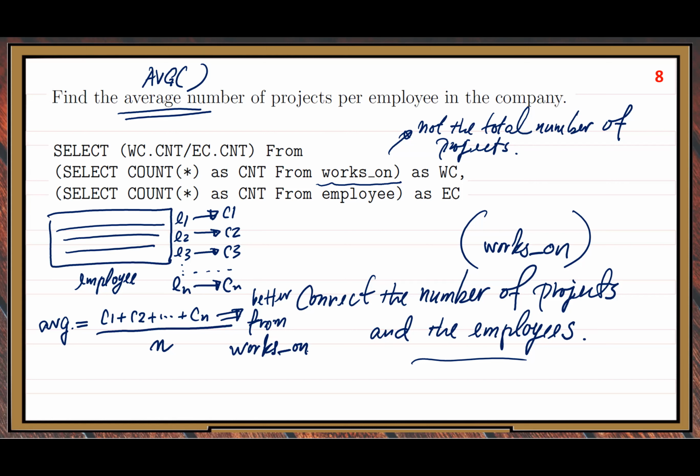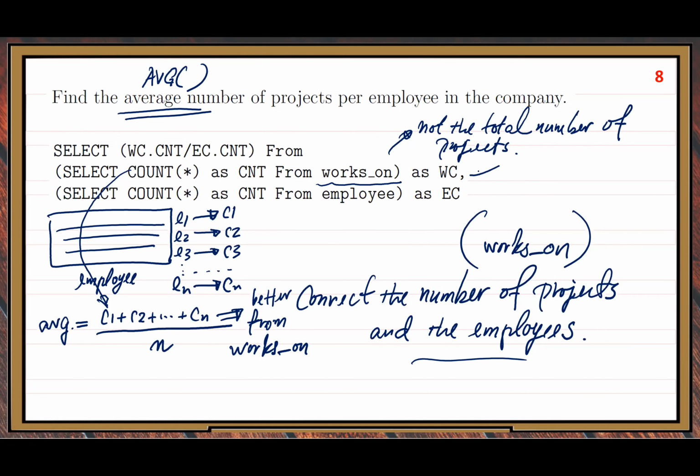You count the total number of rows in works on, and you use an alias, this alias.